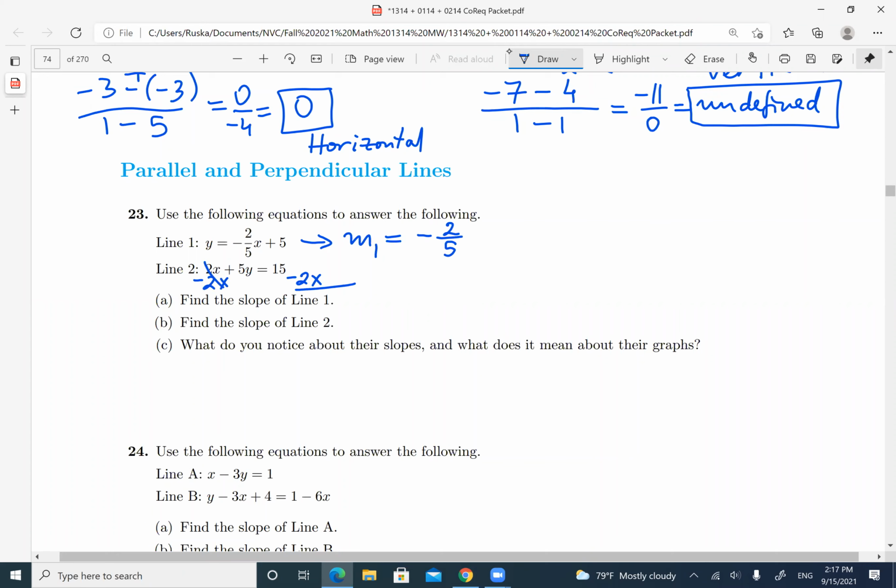So we're going to get 5y equals 15 minus 2x. And then I'm going to divide by 5 to get y by itself. So what is the slope here? M2.